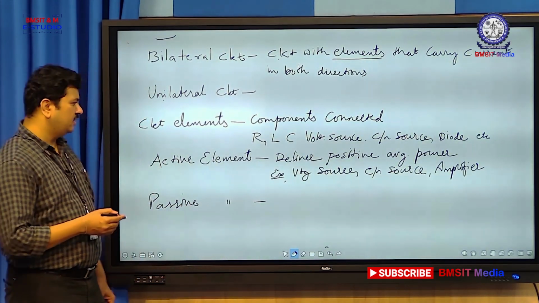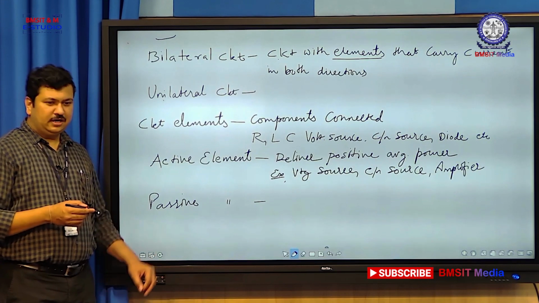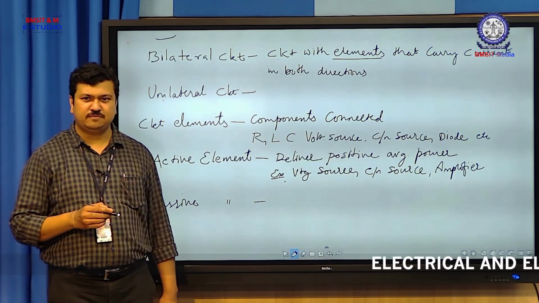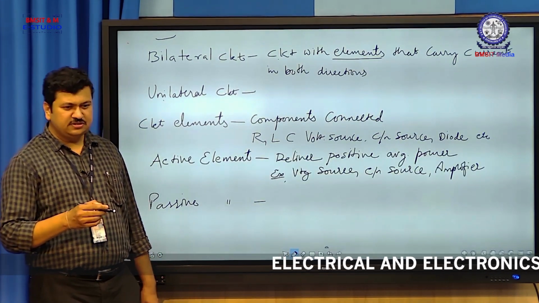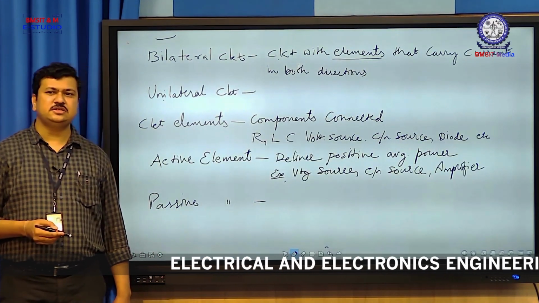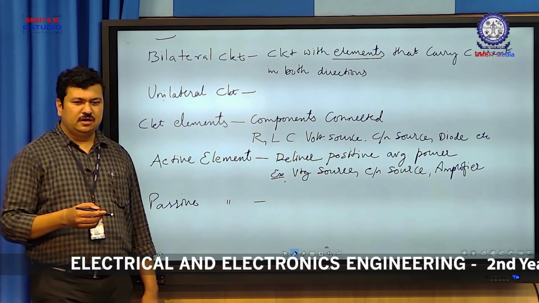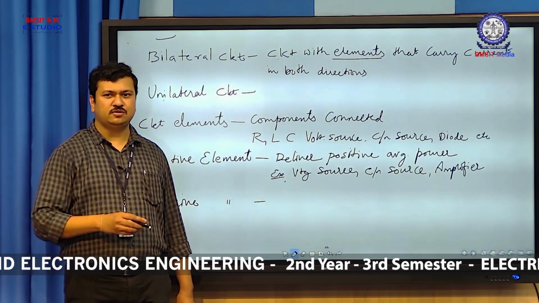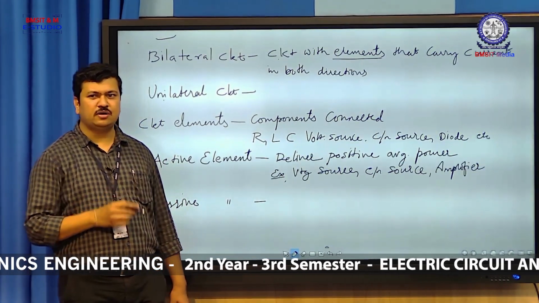So what we need to understand here is, active elements deliver energy in the form of sources, whereas a charged capacitor or a charged inductor has received some energy from another source, so that the energy is stored across them.